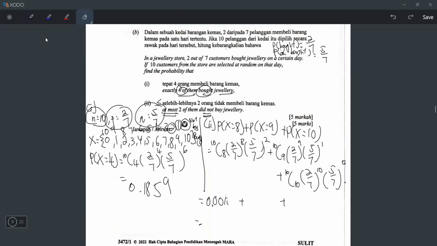So it will be 0.001010195. So 0.001020. Because the decimal point is here, right? So move back 3, 1, 2, 3. Okay, yes. Next one, 10C9 times bracket 2 over 7 power 9, and then times again with 5 over 7.